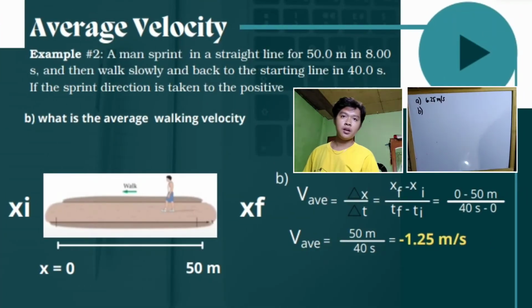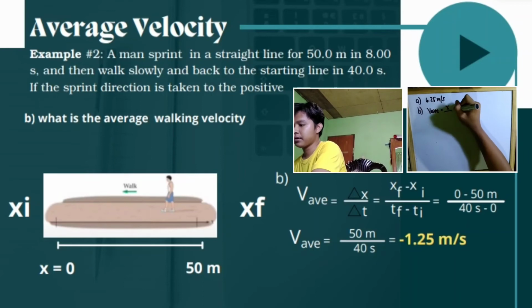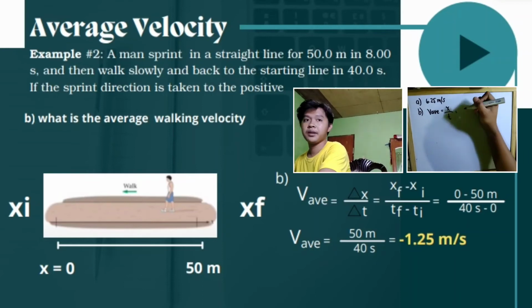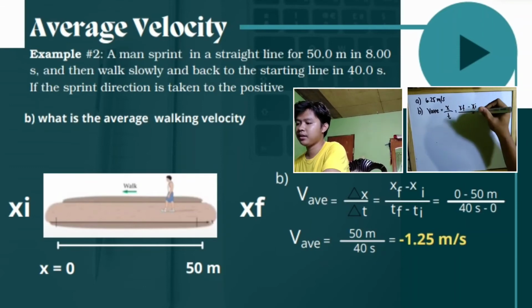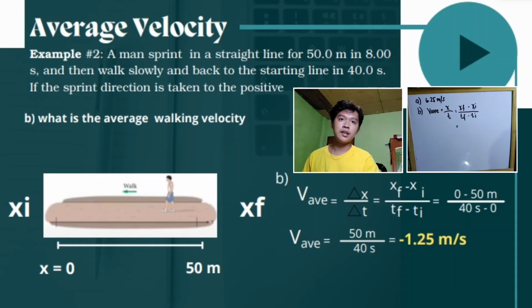So, in our letter B, what is the average walking velocity? Here, we are looking for the man's walking. So, V average equals delta x over delta t equals final position minus initial position over final time minus initial time. In this situation, the given are 50 meter and 40 seconds.